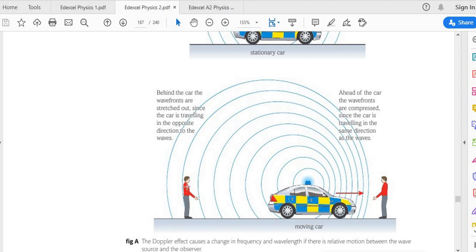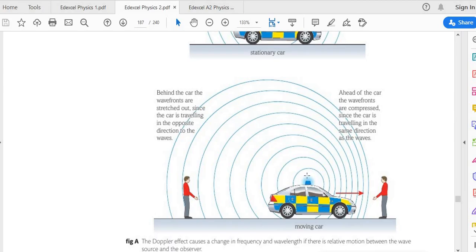On the other hand, on this side, this observer will observe a frequency which is lower than the frequency of the waves that this car emits. So here a shorter wavelength is observed, and here a long wavelength is observed, compared to the wavelength of the waves that this car emits.